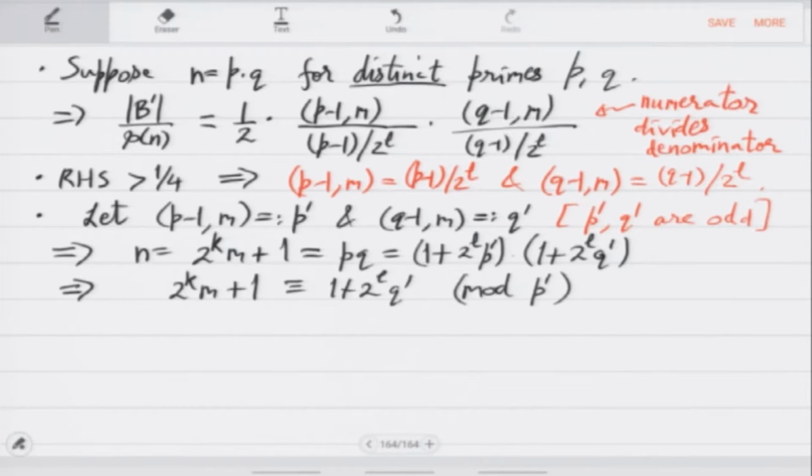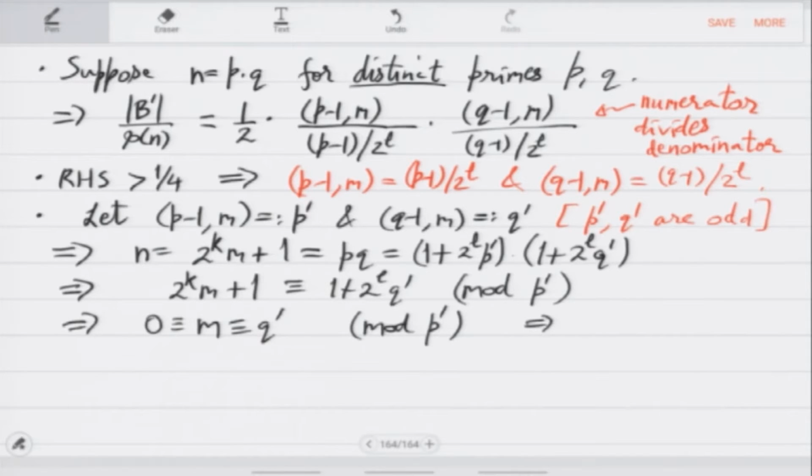So mod p prime, this first term p prime vanishes, and p prime is also odd, which means that m is congruent to q prime mod p prime, but p prime by definition divides m. So m is actually 0.